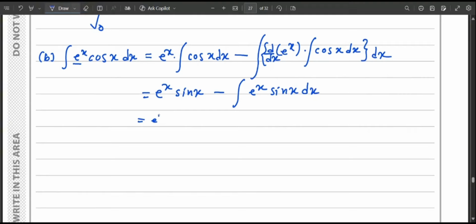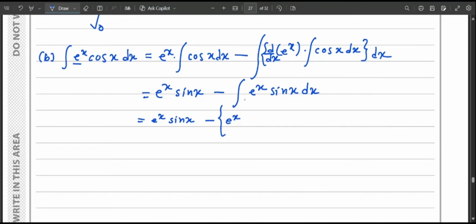So for the next step, we will write e to the power of x into sin x because this has not changed, and we'll perform integration by parts for this expression. So this will give us e to the power of x in brackets.